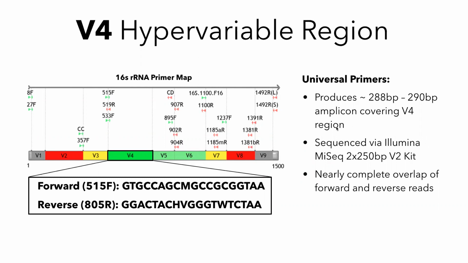So a lot of times when you read through the method of the data preparation, you can also take a look at what is the region that is being used. Sometimes it's going to be V4, sometimes it's going to be V3 and V4, and so you can then get different levels of detail from the sequencing that you ultimately have.